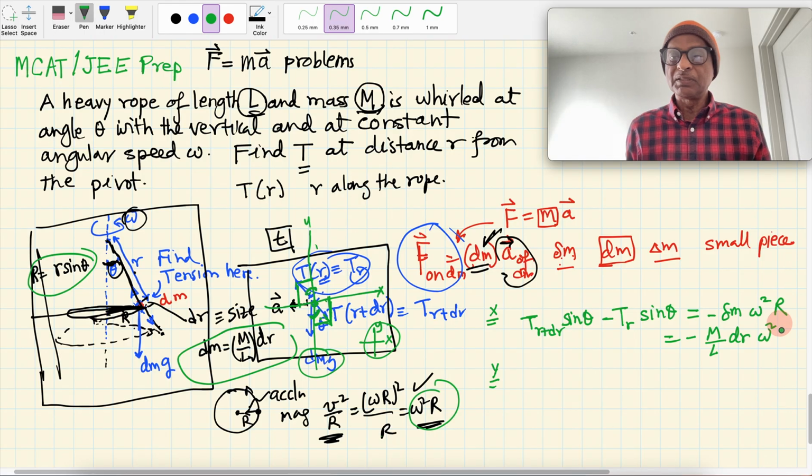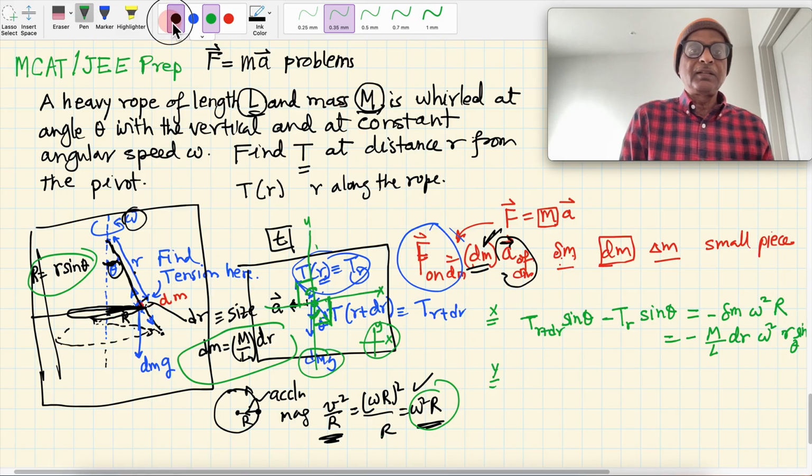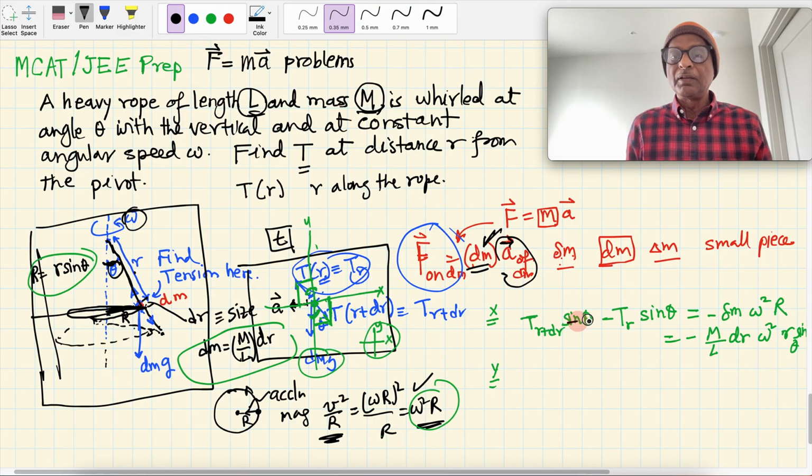This big R was r sine theta. So it turns out the sine theta is kind of canceling out from all of this.